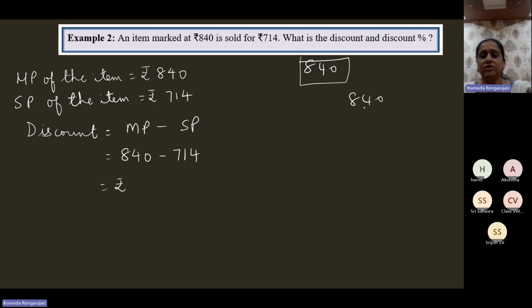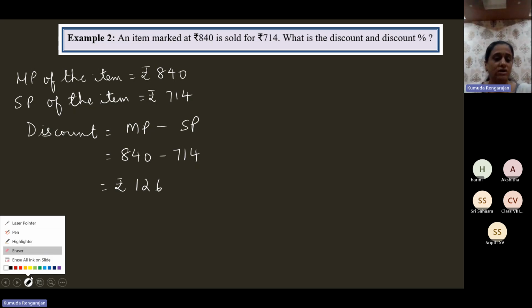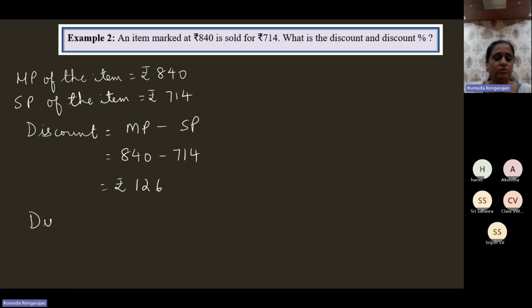So 840 minus 714 is 126. 126 is the discount. Next, we have to find the discount percentage. Discount percentage is equal to discount by marked price into 100.